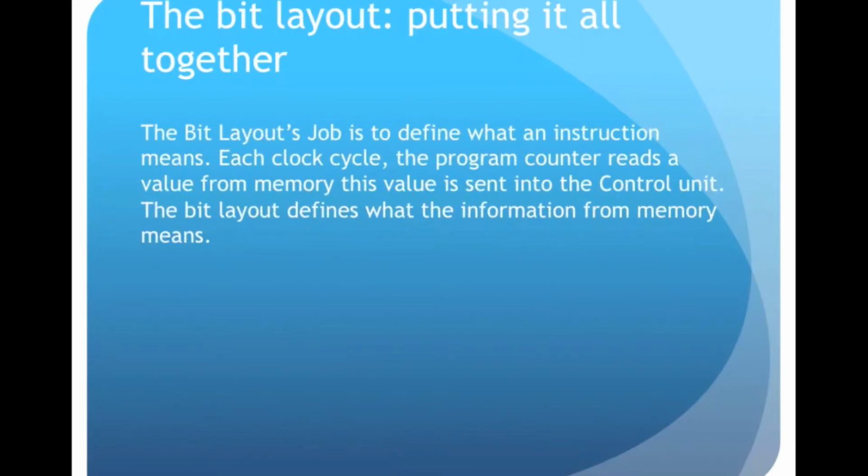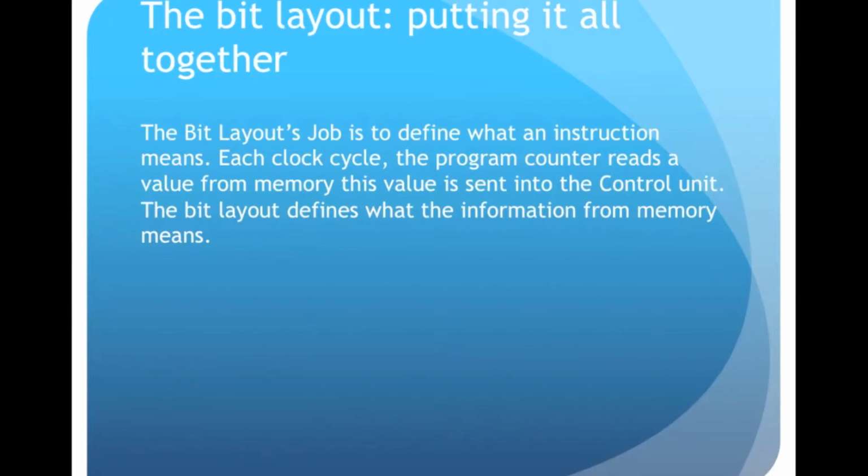Bit layout is our subject now, and it's probably the most complicated part of all of this, so bear with me. The bit layout determines what an instruction means. The way that each clock cycle works is that the program counter will first read out its information, and that will go to memory.